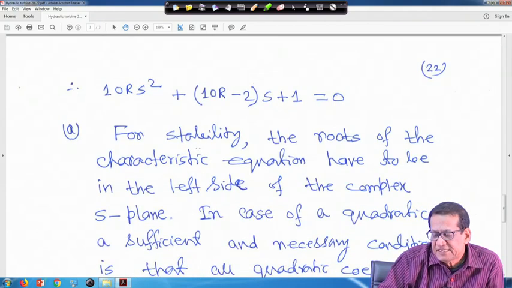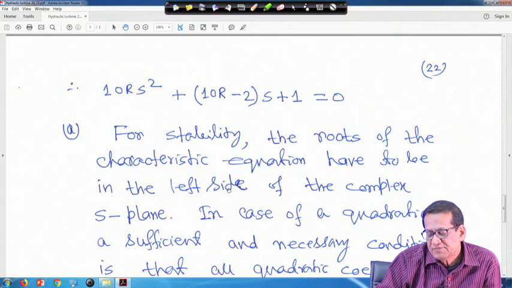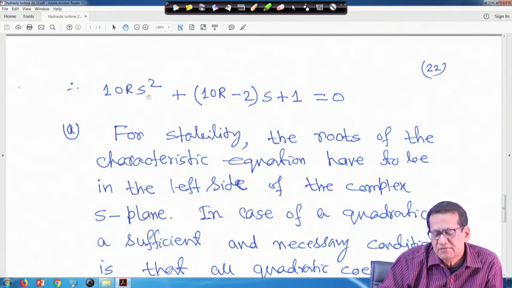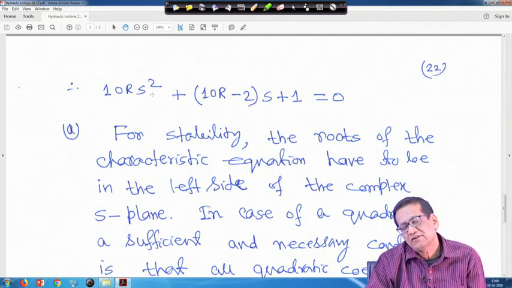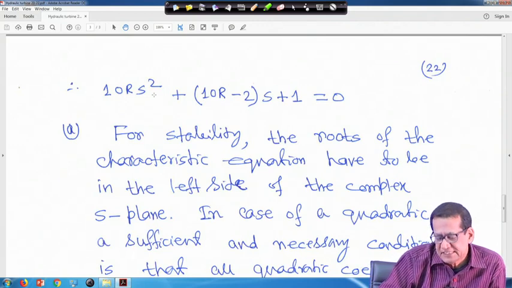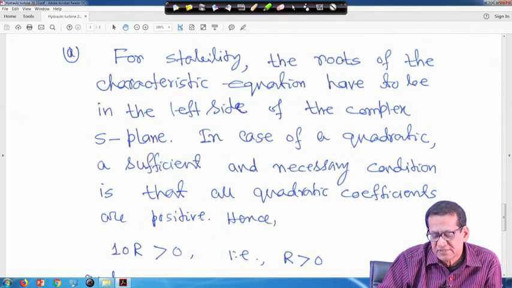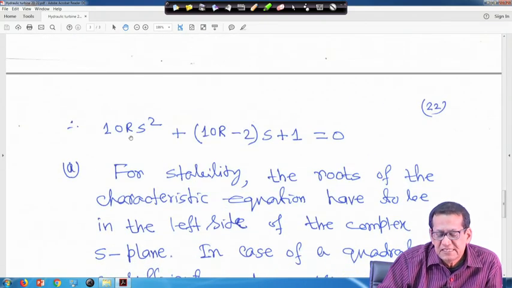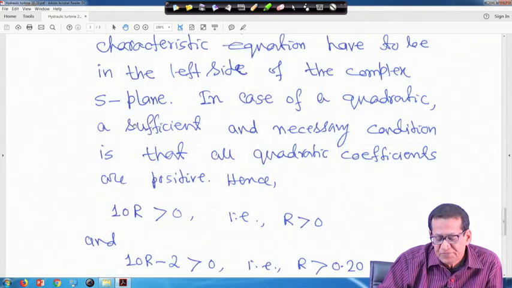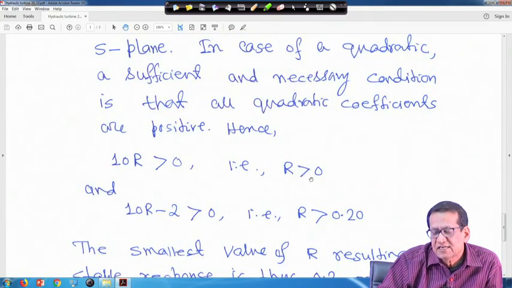Now, for stability, the roots of the characteristic equation have to be in the left side of the complex S plane. That means whatever roots you get, they will lie on the left half of the S plane, that is, the real part is negative, right. In case of a quadratic, a necessary and sufficient condition is that all the coefficients are positive, right. So, 10 r greater than 0, that is r greater than 0.